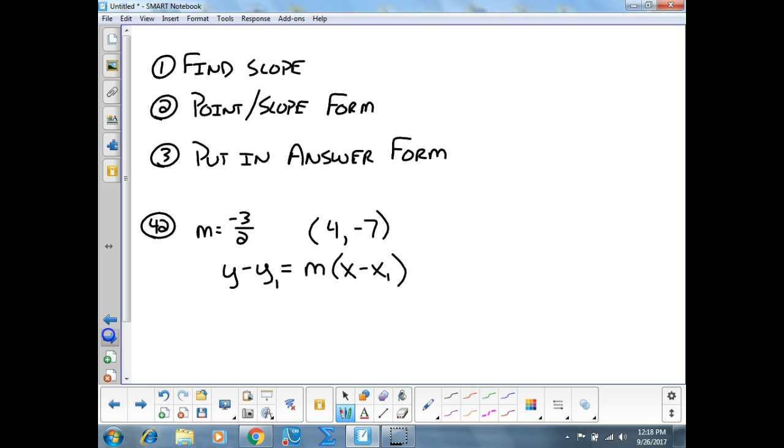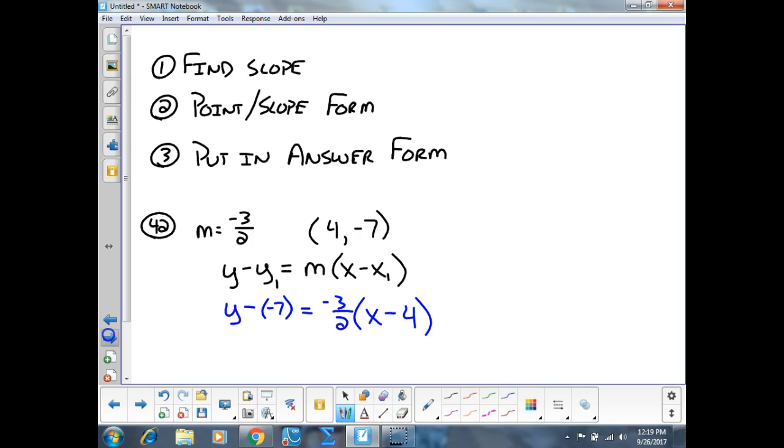Right? Okay. So, y is going to stay y. The y part of my point is -7. My slope was -3/2. X is going to stay x, and the x part of my point was 4. Okay?